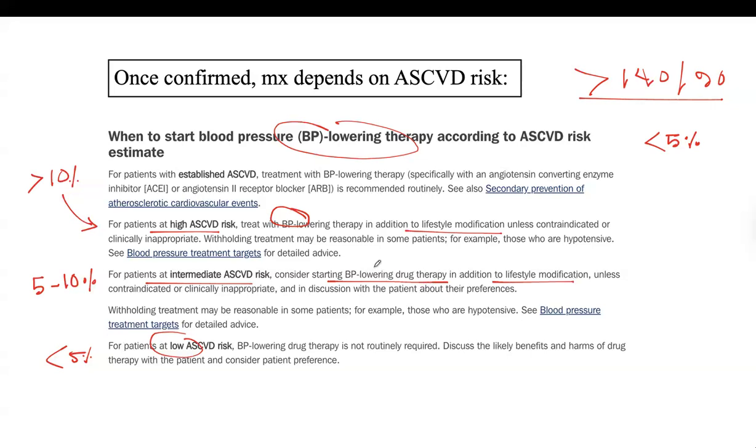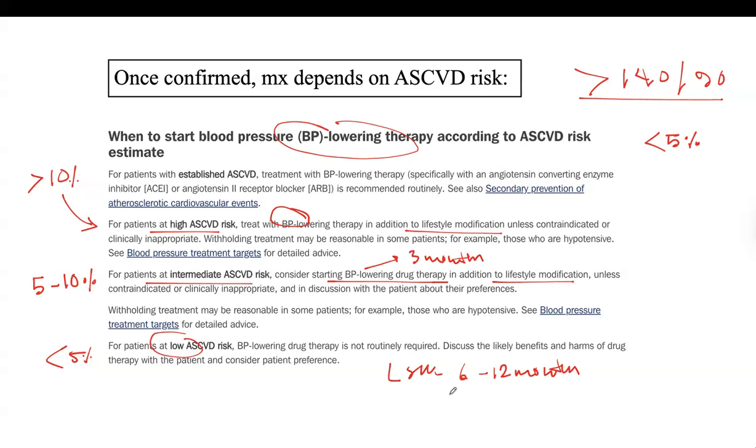But the sensible approach is to give them at least 3 months to try lifestyle modification before you start the treatment. And if it is low risk, then you should start with lifestyle modification for 6 to 12 months. And if it is still consistently high, then we can try a medication.